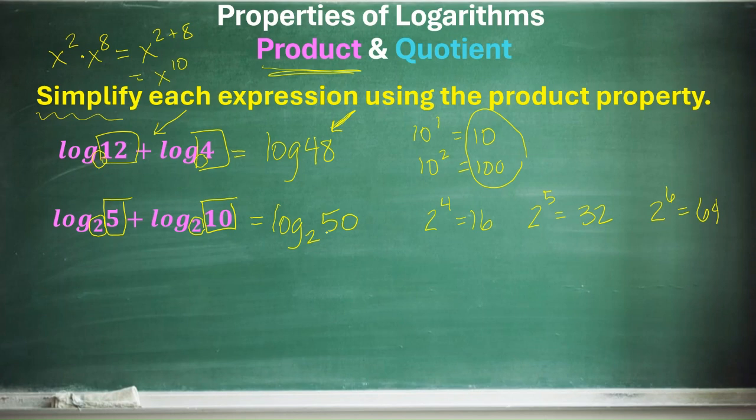So I'm looking at what exponent of 2 would give me 50. That's what log base 2 of 50 is asking. I'm noticing that between 32 and 64, that's where 50 lies. So I know that my answer, if I were to put this into a calculator, is going to give me a decimal between 5 and 6. So this is going to be 5 point something.